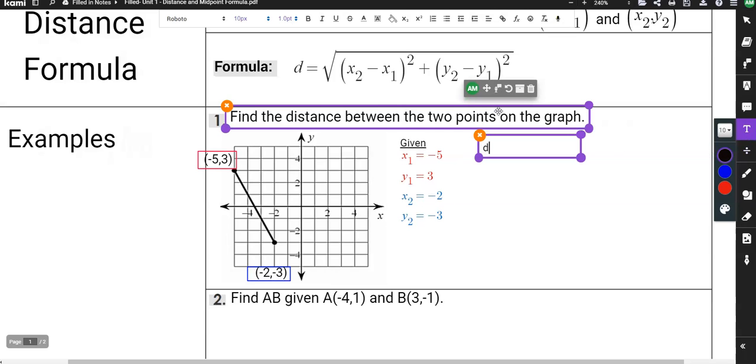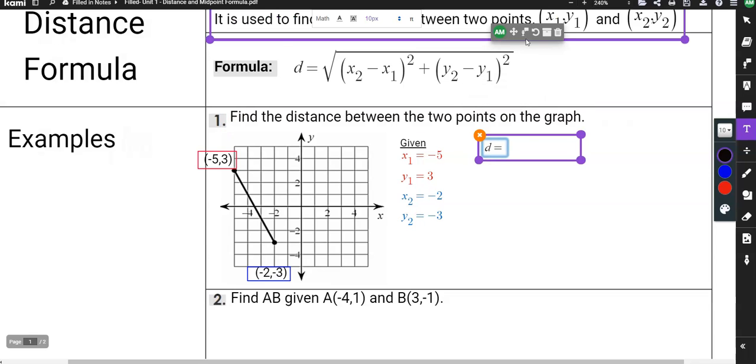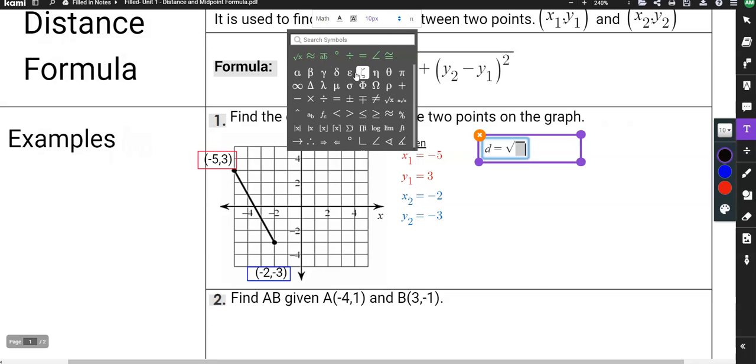So again, it's going to be d equals the square root of x sub 2 minus x sub 1, and we're going to square that. So x2. And then we're going to add to that y sub 2 minus y1.